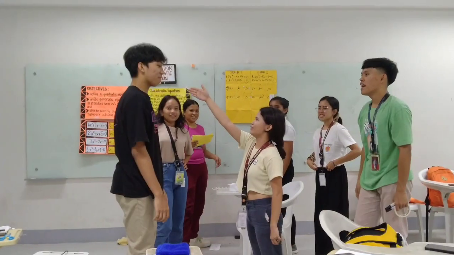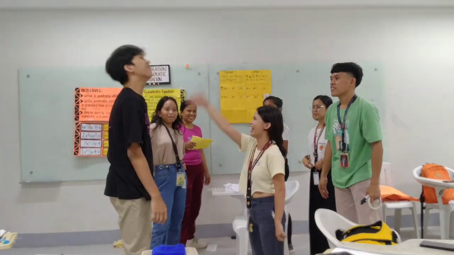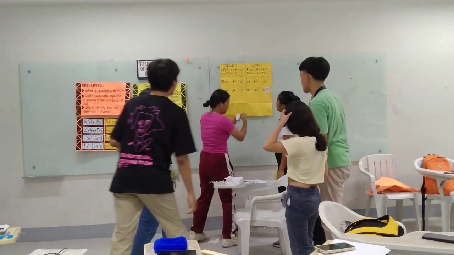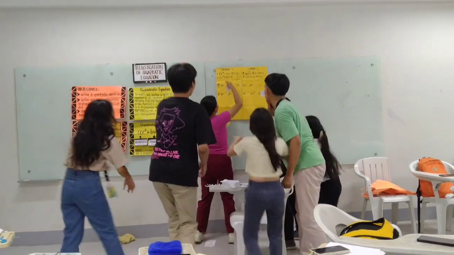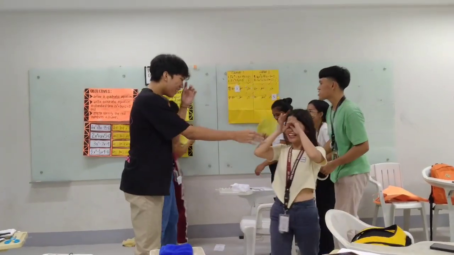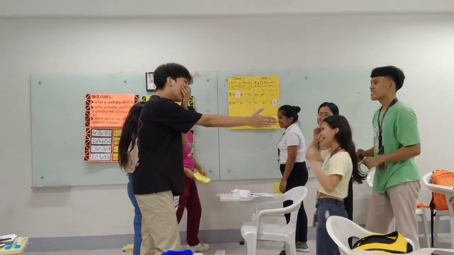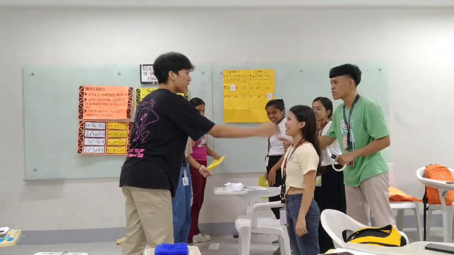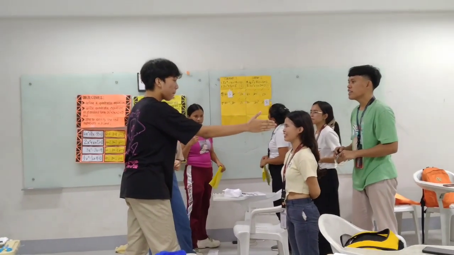Okay, 1, 2, 3, go. Okay, go. 5, 4, 3. Next. 1, 2, 3. You only have 5 seconds to pick the number here. 1, 2, 3, go.